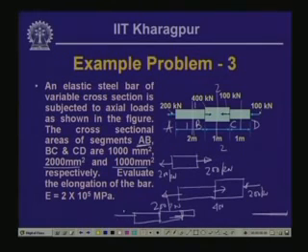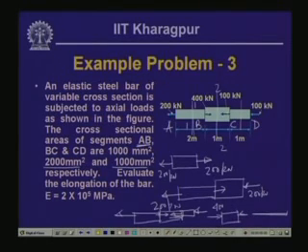This is 200, this is 400, and this is 100. So, 100 plus 200, 300 on this side, 400 on this side. So, it has to be balanced by 100 on this side. So, this particular segment is subjected to 100 here, 100 here, which is under compression.